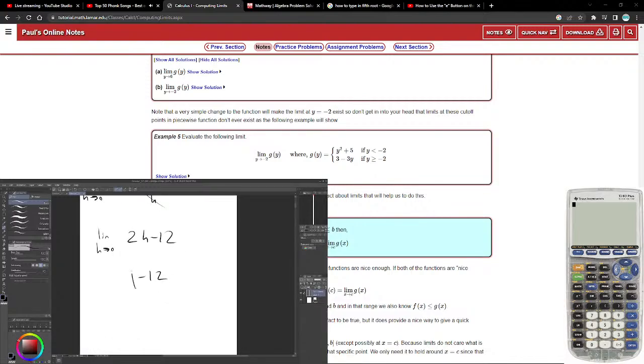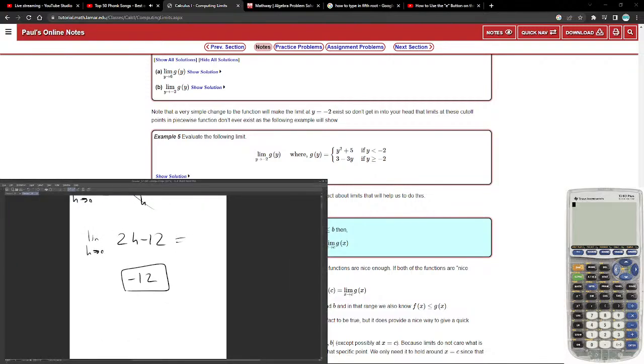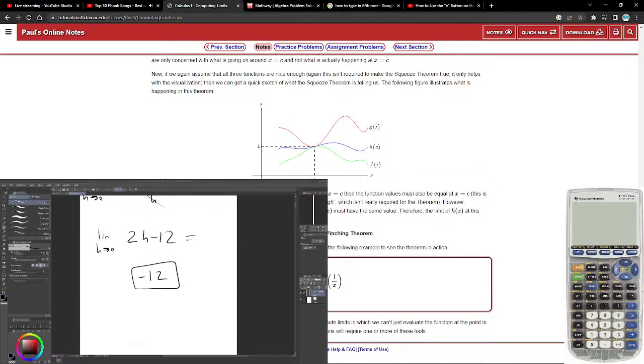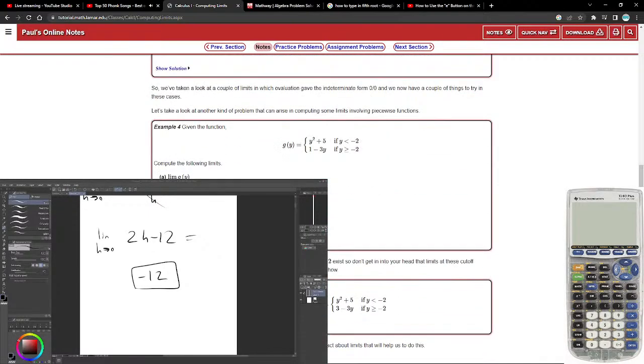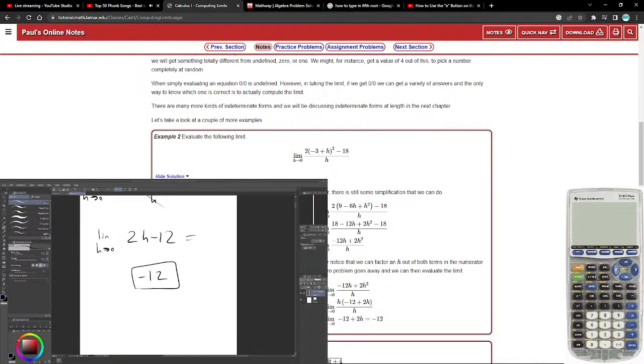And negative 12. In this case, we also get 0 over 0, and factoring is not really an option. However, there's still some simplification that we can do. So upon multiplying out the first term, we get a little cancellation, and now notice that we can factor an h out of both terms in the numerator, which will cancel against the h in the denominator, and the division by 0 problem goes away, and we can evaluate the limit.